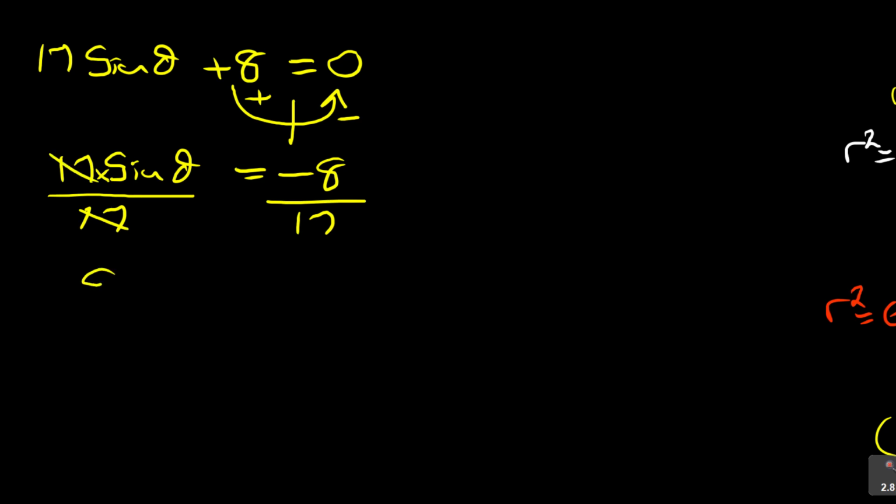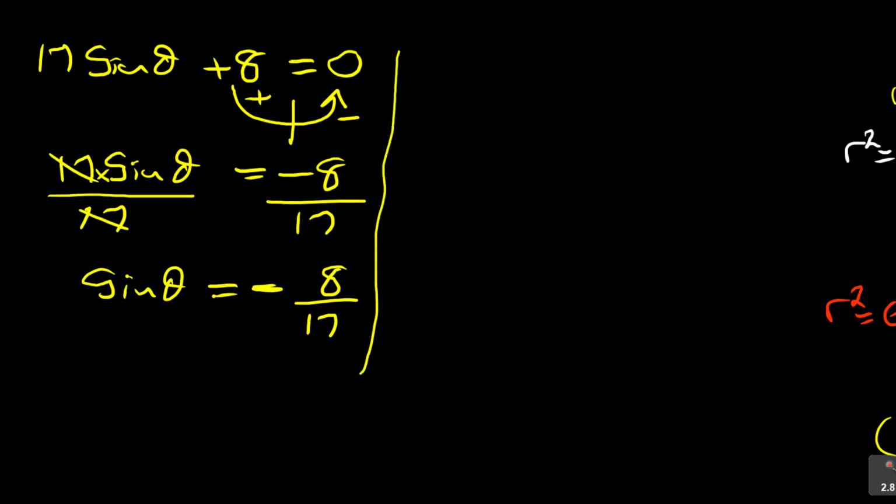So I have sin theta is equal to minus 8 over 17. This negative doesn't belong to 8, no. For now, leave it like that. It will tell you where it belongs. It can belong to 8, it can belong to 17.